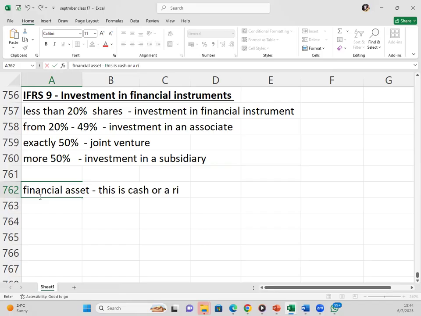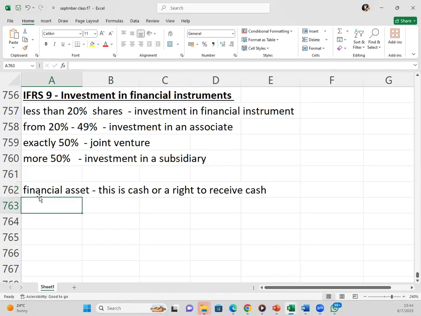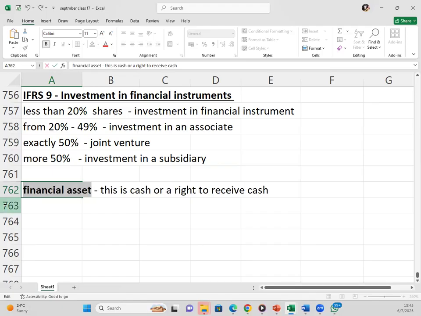Let's think of receivables. Receivables are not cash, but they are a right to receive cash. You can call them and ask, when are you paying my balance? Because you have a right to receive cash from them. So a financial asset is either cash you have or a right that you have to receive cash.